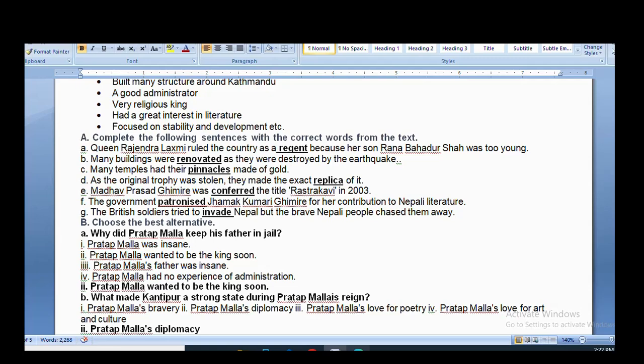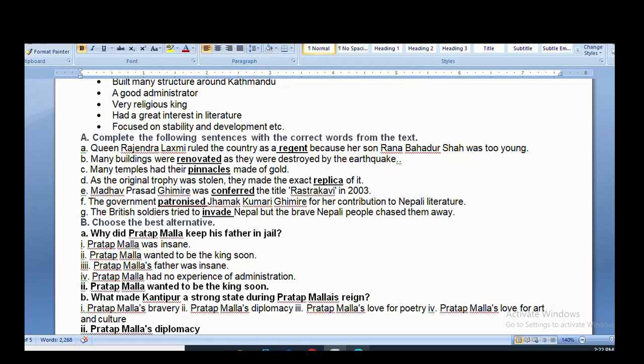Madhav Prasad Ghimire was conferred the title Rashtrakavi in 2003. The government patronized Champa Kumari Ghimire for her contribution to Nepali literature. The British soldiers tried to invade Nepal, but the brave Nepali people chased them away.